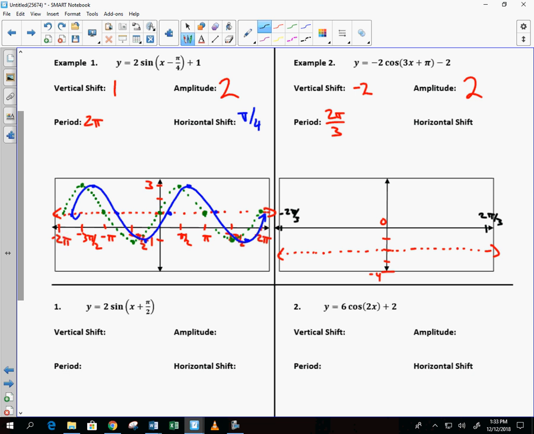2 pi over 6, which is? Watch, guys. If you want to take 2 pi over 3 and divide it by 2, that's the same as multiplying by 1/2, right? So we multiply it by 1/2. The 2's cancel, leaving you with pi over 3 as half.